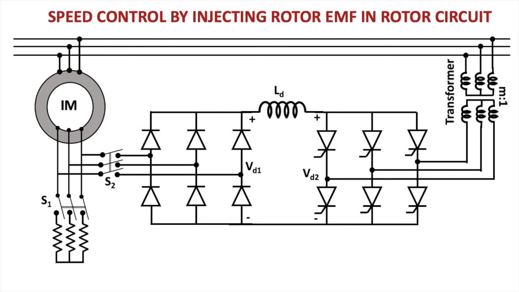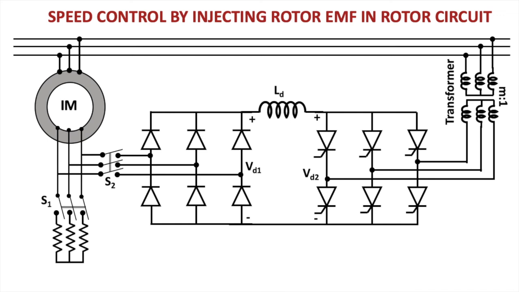You just have to rectify whatever you are getting at the output of the rotor. It is being rectified, and this inductance LD is only being used for the ripple being removed, and the pure DC comes to the inverter circuit, and the inverter circuit is a controlled one. So you will have a three-phase output at the output of the inverter.